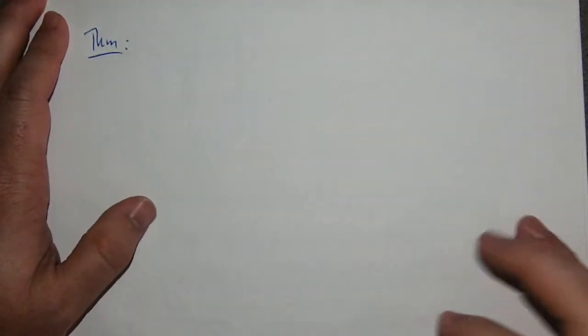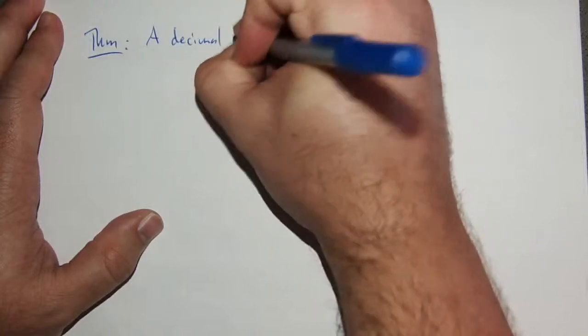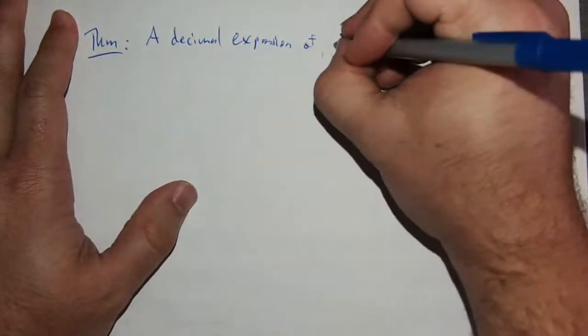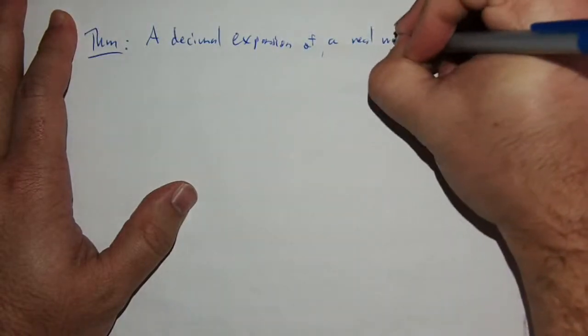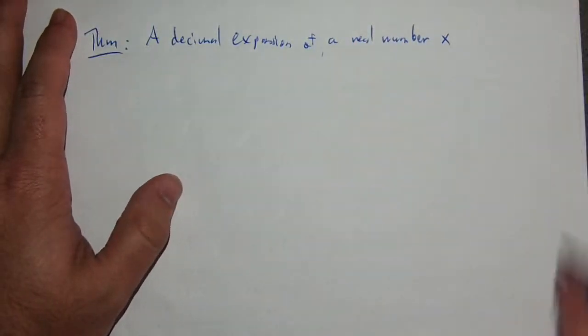So looking at the contrapositive of that statement I just said in terms of irrational numbers, that means that a number is rational if and only if its decimal expansion is eventually periodic. So, theorem. A decimal expansion of a real number x, and for us, we can call real numbers the numbers that have decimal expansions.